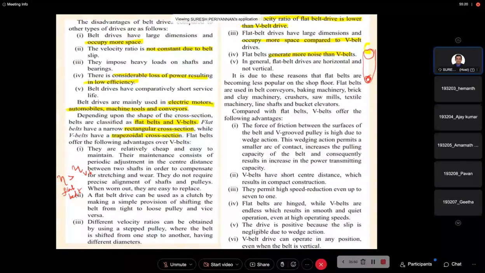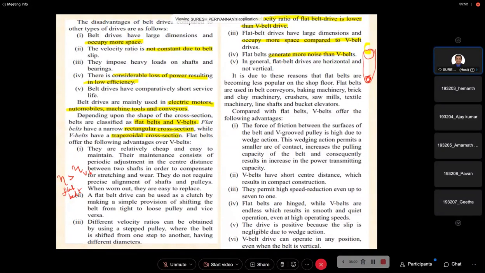Hence the coefficient of friction is very high due to the wedge action of the trapezoidal cross section. Hence more power can be transmitted, with less slip in the V belt. So a V belt can be used in any direction, vertical or horizontal, and we can easily transmit the power from driving pulley to driven pulley.